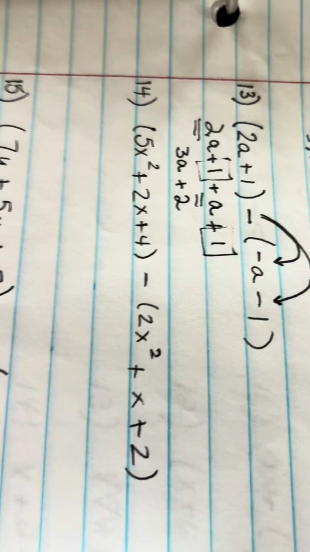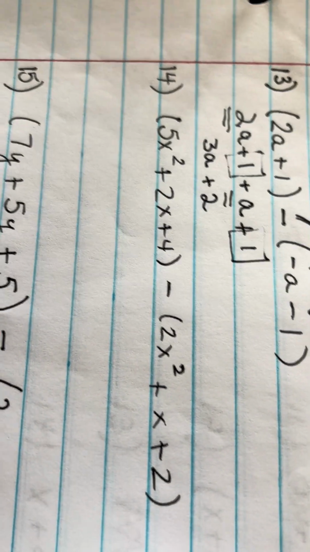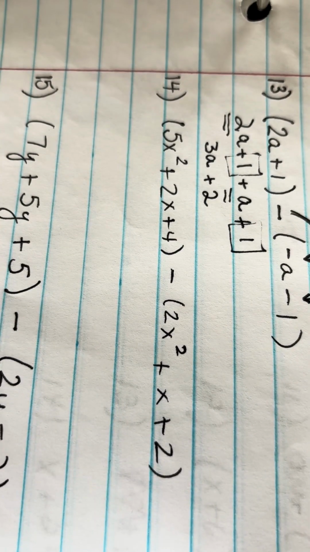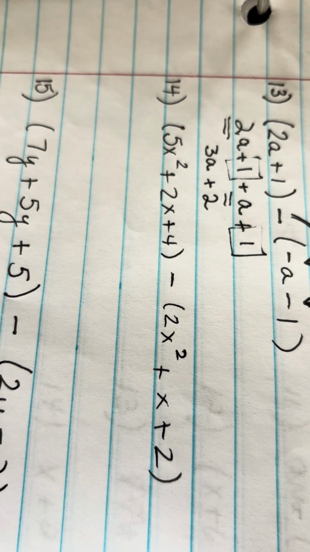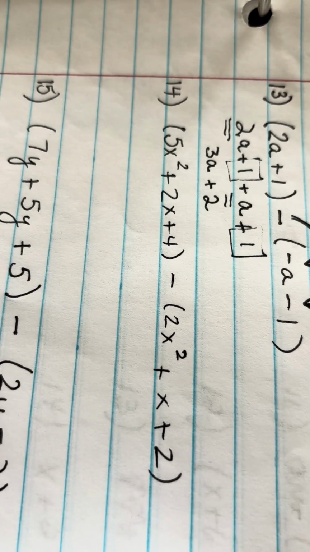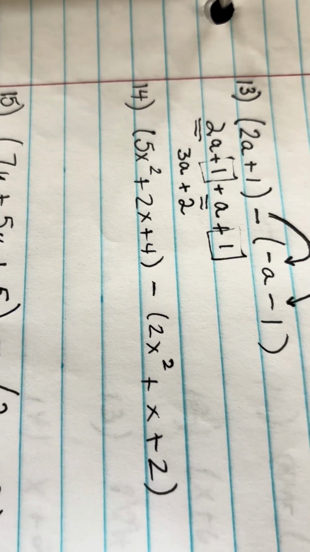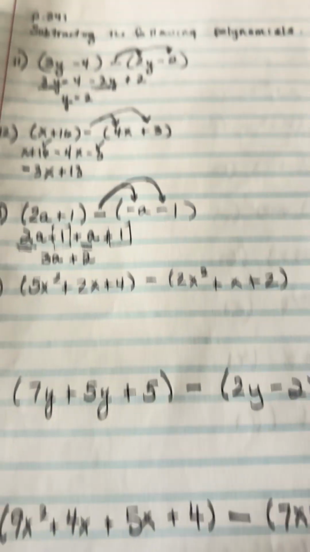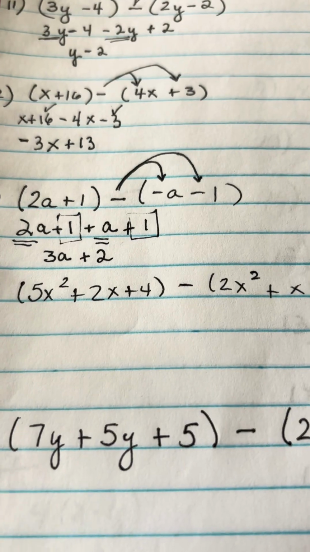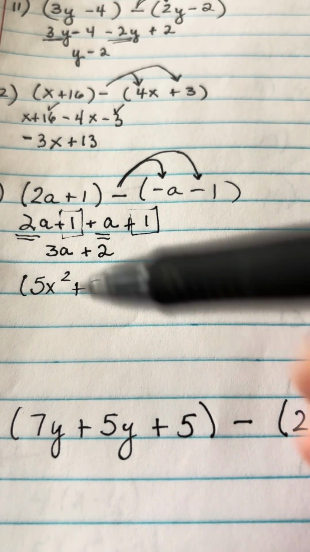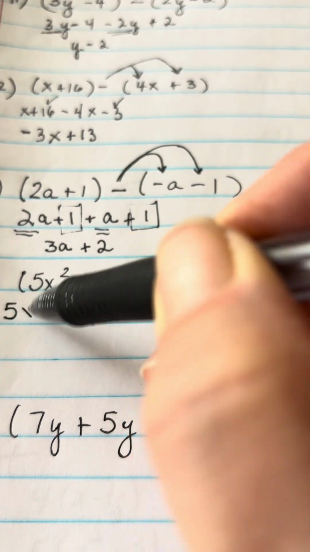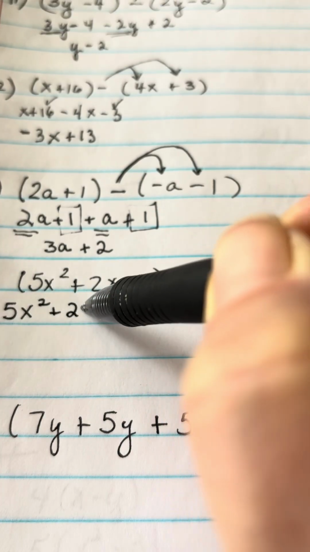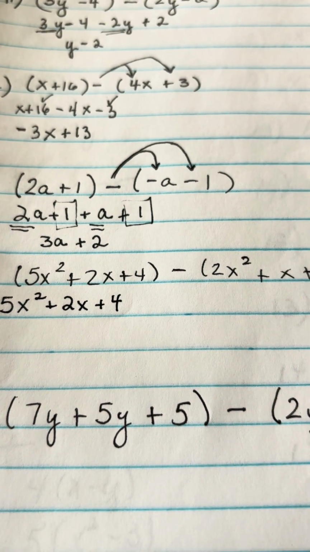Okay, getting a little bit more complicated. This one has more terms to look at, so I'm just going to take it one step at a time. I'm just going to write this first part as it was.